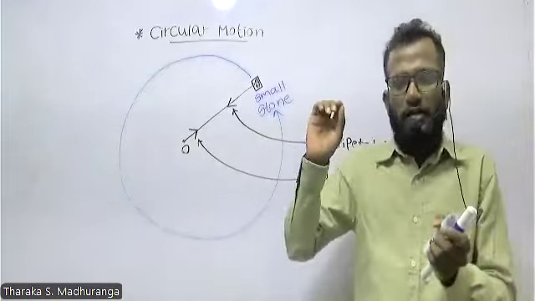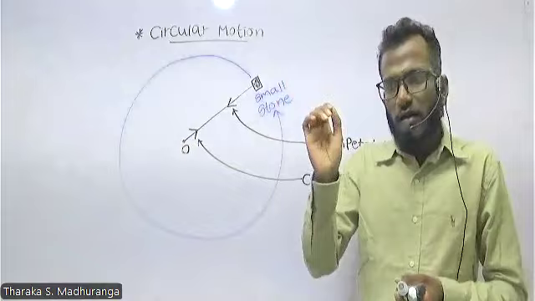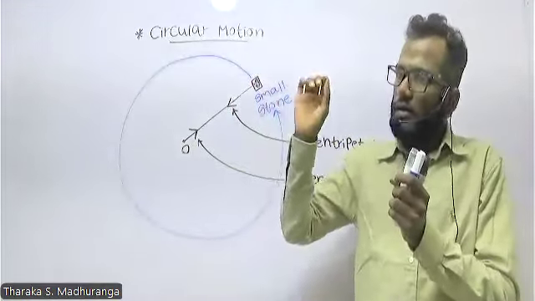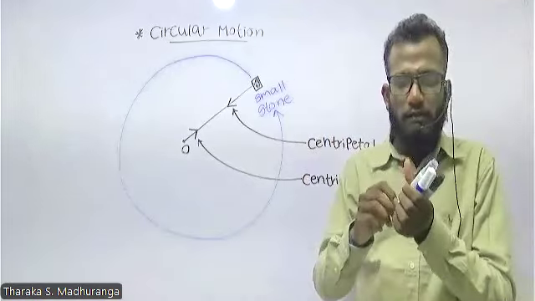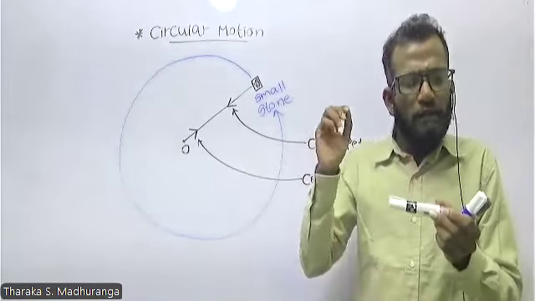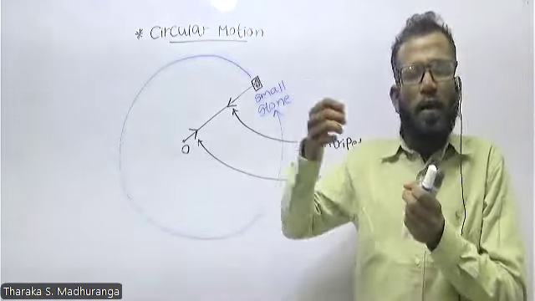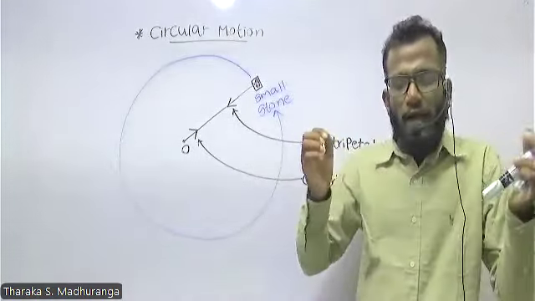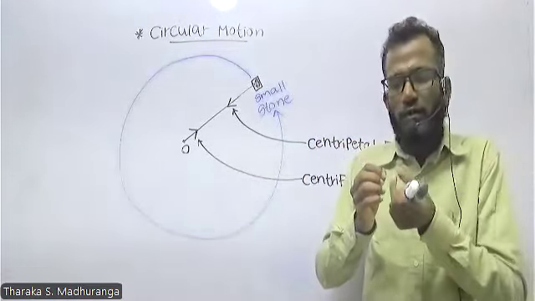When we rotate, think practically. When we rotate a stone by a string, like this, by hand, what is the centrifugal force? Centrifugal force means the force away from our hand, on the object along the string.